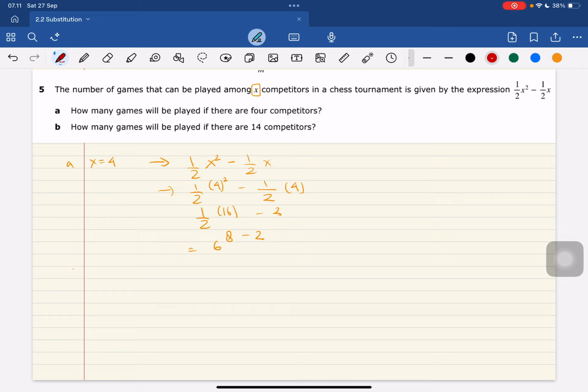Next, for the B, how many games will be played if there are 14? So x equals 14. We can substitute it. 1 over 2, this is 14 squared, minus 1 over 2, this is 14. Okay, so this is 14 times 14s.